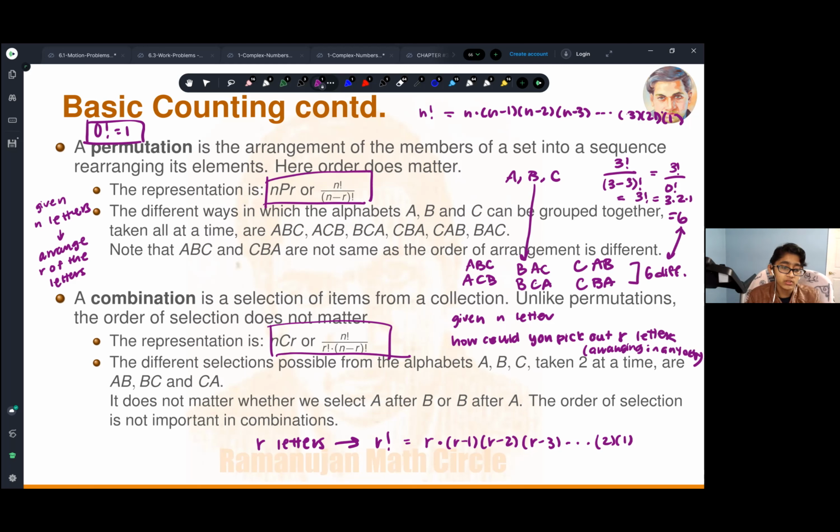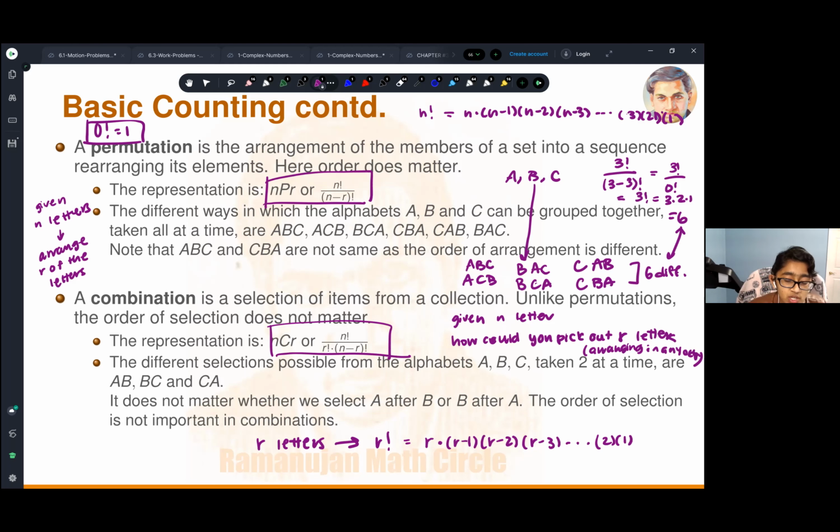So the way you can remember which one is which is by thinking that when order does not matter, that means we don't account for arranging. So if there's ABC, for example, there's only one way of having a combination of ABC, but there are 6 ways of having a permutation of ABC.